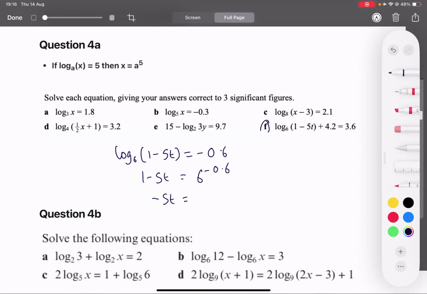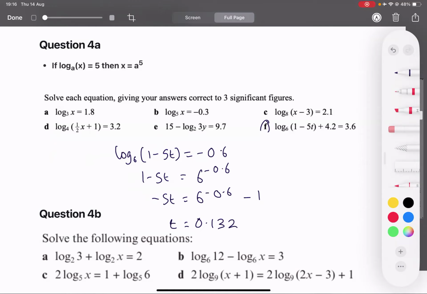Good. And then you can take away the 1 and divide by minus 5. Yeah, well done. And do you understand why we do all the steps? Yeah. Perfect. Did you get 0.132? Yeah. Okay, well done.